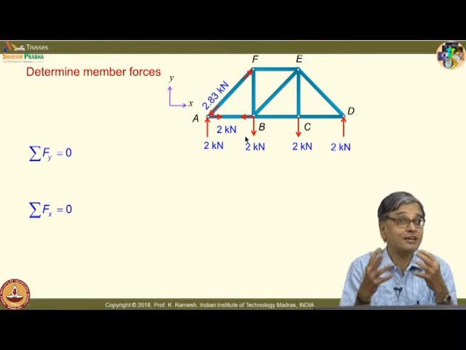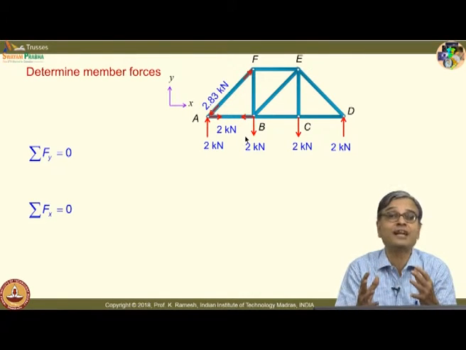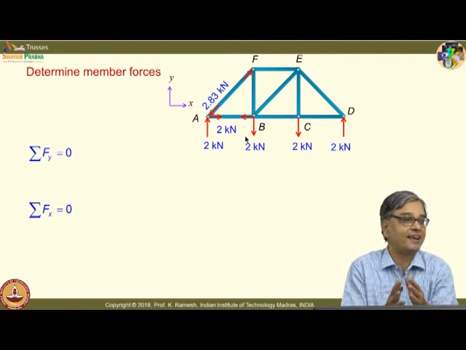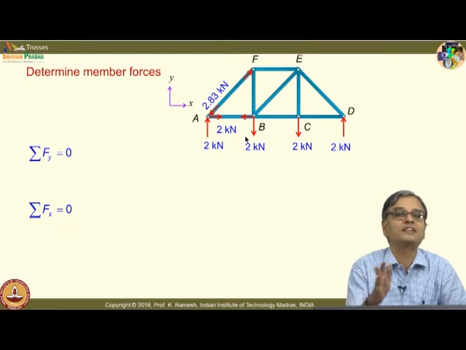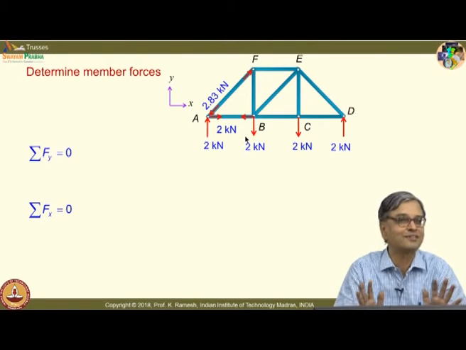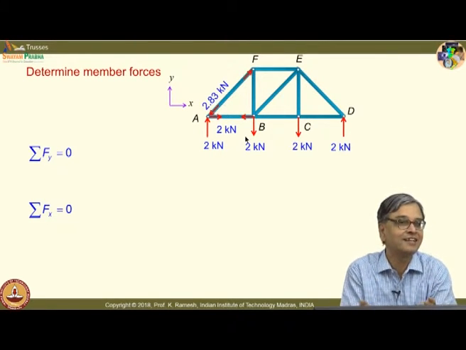I would like you to associate whatever numbers you get with physical reality. Do not say, I have done the mathematics, mathematics has given this, it is tension, compression. Do not learn the subject like that. You also feel like the truss, get yourself stressed. Okay.